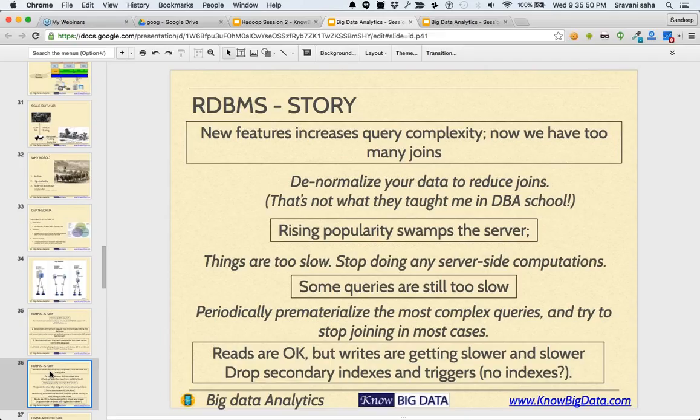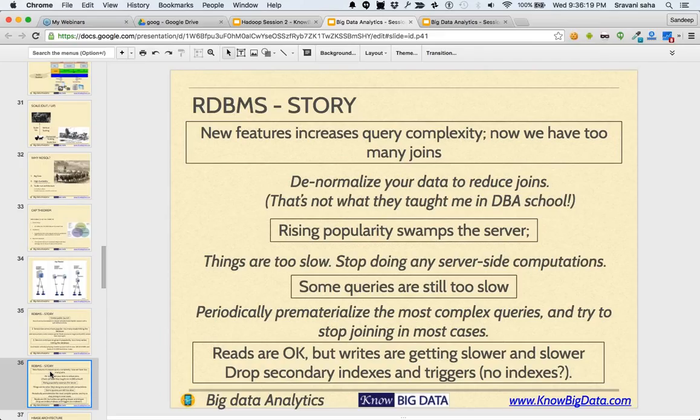So even today, when the request comes from the user, we pre-materialize a lot of things. Meaning we pre-prepare the things which our user is going to ask, before the user even asks for it. And we keep on doing that periodically. Every morning we have new pre-materialized data, and periodically we keep on refreshing it.